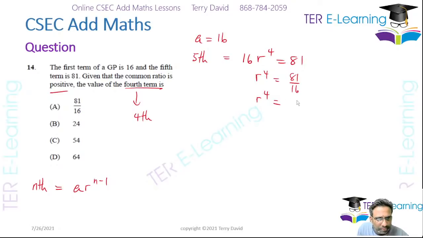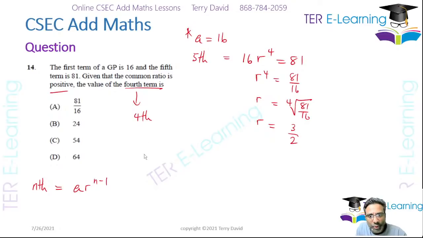Can't simplify that, so let me just find the fourth root of 81 over 16. If I find the fourth root of 81 over 16, that should be 3. 3 3s are 9, 3 9s are 27. So this will be 3 over 2. That should be what R is. R is 3 over 2.